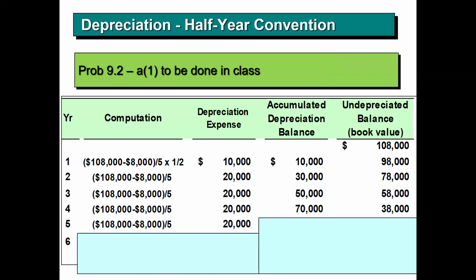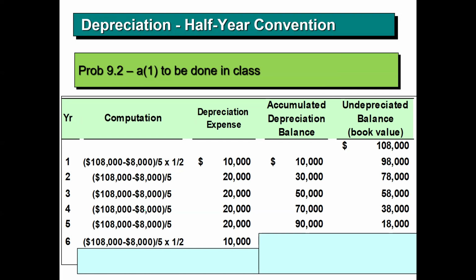Now, we have completed the fifth year, but at the end of the fifth year, we do not have book value equal to the residual value. We have book value 18,000 and the residual value is 8,000. In this case, we'll have an additional year added and record depreciation for the remaining 6 months. What we have done is actually record depreciation for half a year, 1 year, 1 year, 1 year, 1 year.